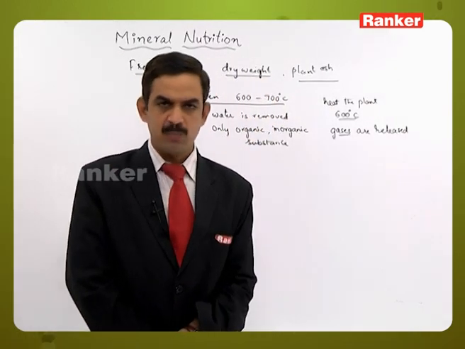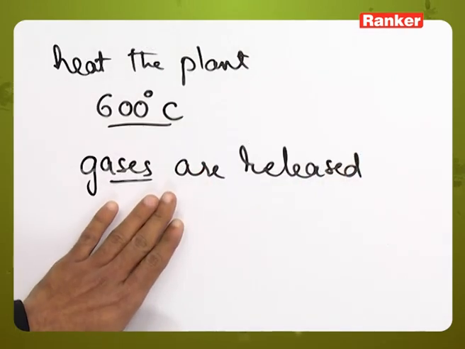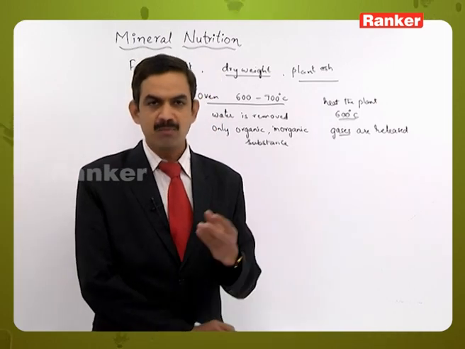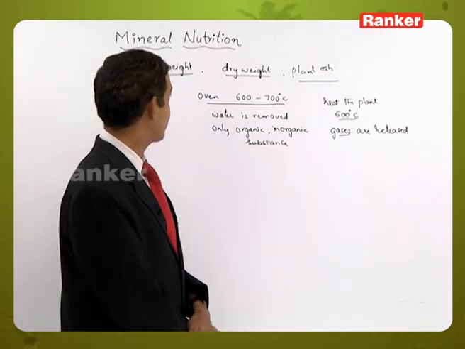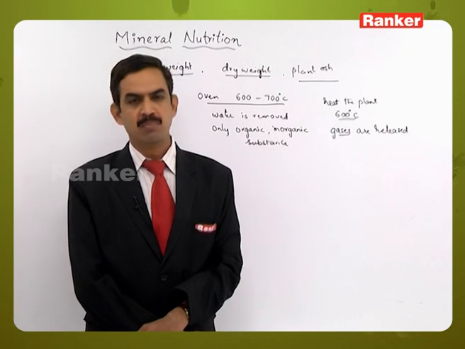As we know, when something is burnt, smoke will come. The smoke contains the gases released from the organic compounds, and the remaining powdery matter which is left out is called plant ash. Likewise we can see the fresh weight, dry weight and plant ash of the plant body.